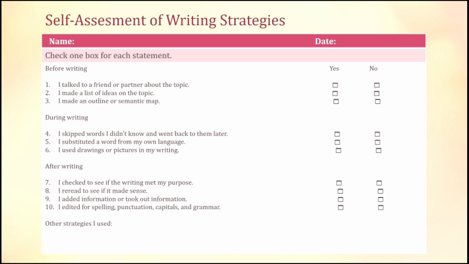After writing, the learner checked to see if the writing met his or her purposes, yes or no, reread to see if it made sense, edited information or took out information, yes or no, and edited for spelling, punctuation, capitals, and grammar, yes or no. Or maybe he or she used other strategies. They can write them in the rubric.